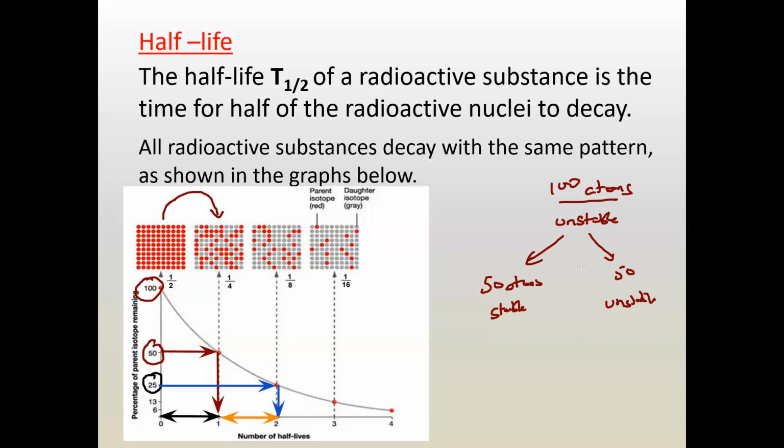After another half-life, because unstable atoms will always decay, out of 50, 25 will be stable and the remaining 25 will be unstable. So this duration is also known as half-life. As the number of half-lives increases, the amount of unstable nuclei decreases and the total amount of stable nuclei increases.